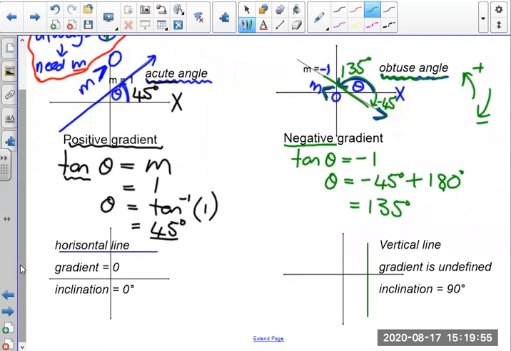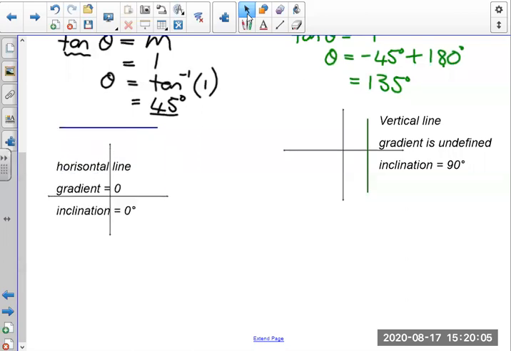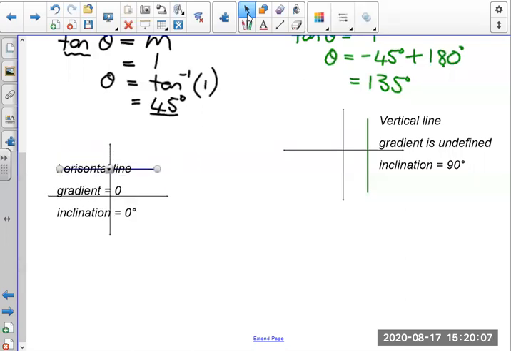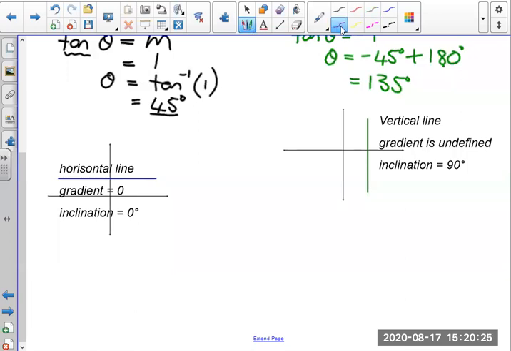Now we will practice that. I just want to refresh your minds. If I show you that blue horizontal line, can you remember we said a horizontal line has a gradient of 0.